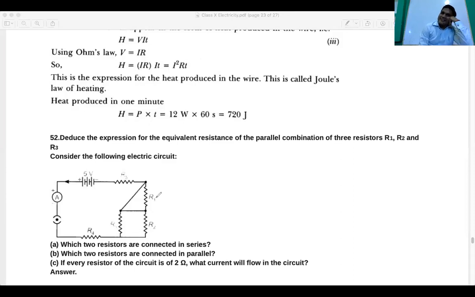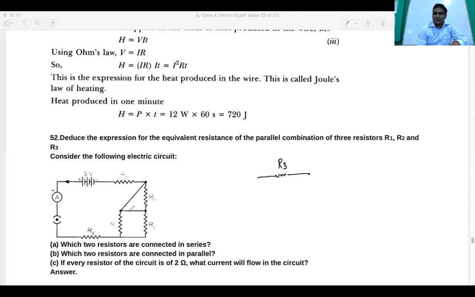Let me redraw the figure, so you can understand it well. You can see this is resistance R3. Here is a point, and here another wire is there.